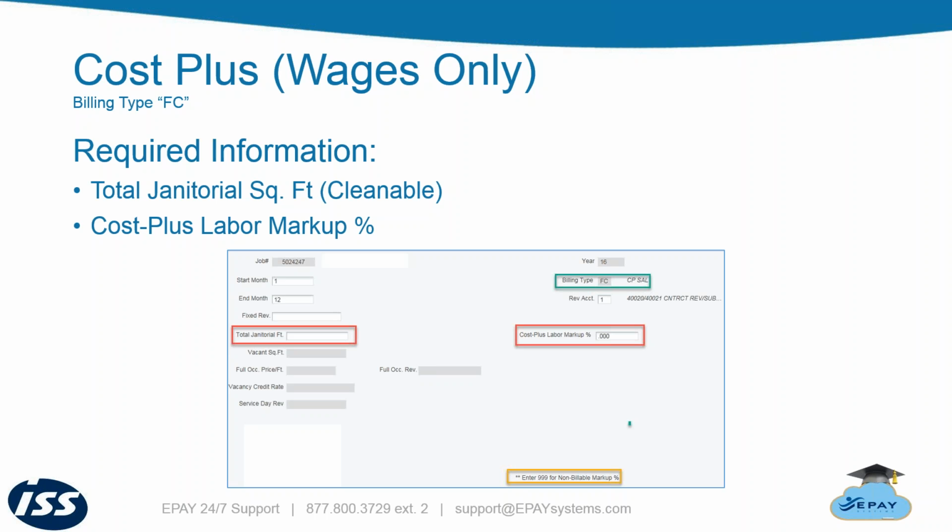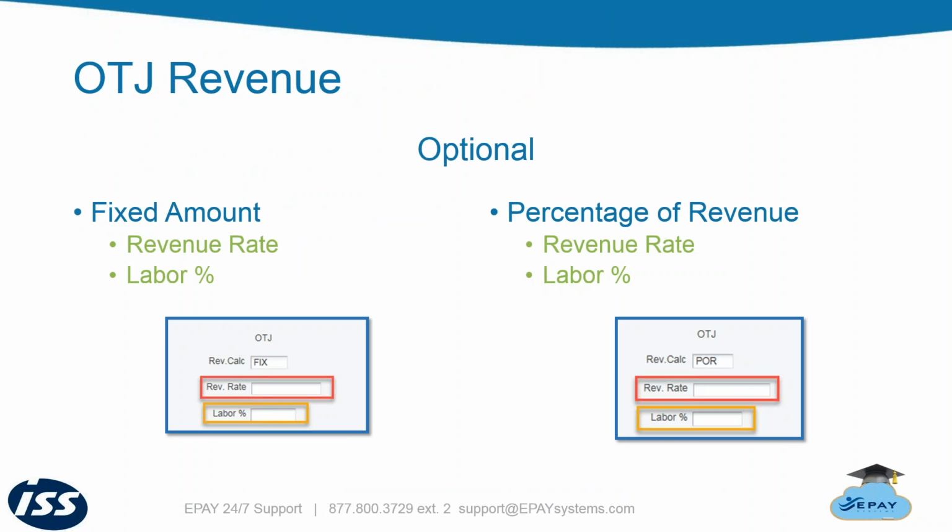So we've kind of reviewed all of the required revenue details for each billing type. In addition to that, if the job has OTJ revenue that is consistent or contractual, you do have two options and ways to budget for that work and that revenue, and that would be a fixed amount, so providing that revenue rate, and optional would be the labor percentage of that revenue, and over here to the right on that screenshot you see percentage of revenue.